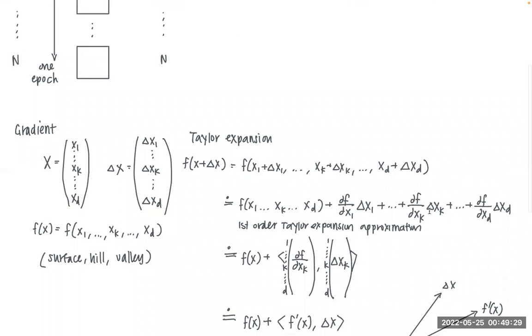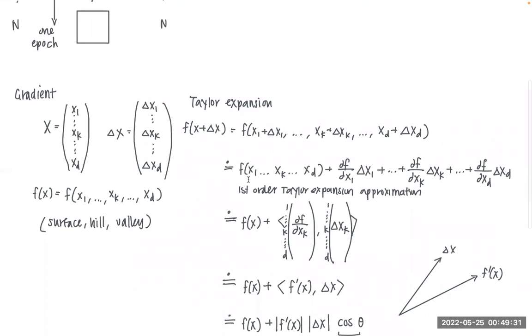So this first order Taylor expansion is like you have f of x, which is f of x1 to xd.